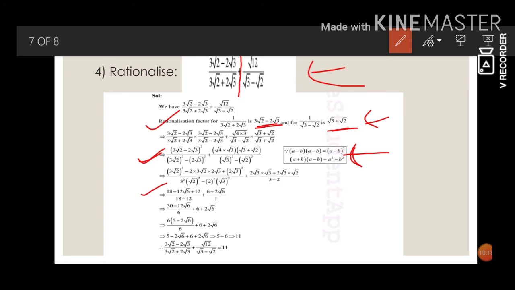On solving it, we will get the value of the rationalization as 11. So the root terms cancel each other off and we will get only a rational number, 11. So after rationalizing the given question, we get our answer as 11.